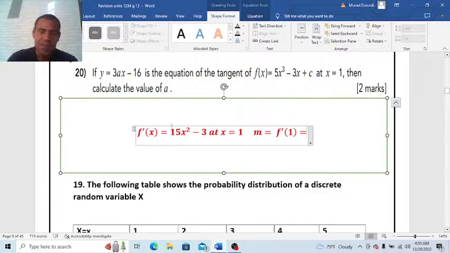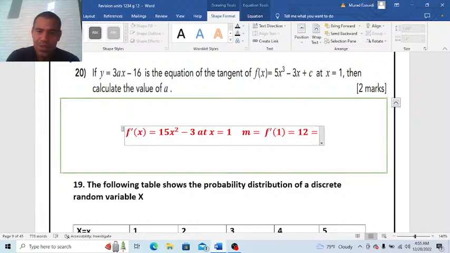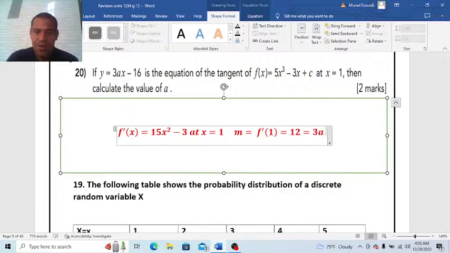Just substitution: 15 multiplied by 1 squared, 15 minus 3 is 12. And f dash of 1 equals 12, which equals 3 times a, equals 3a. Therefore, now you have a new equation, so you can divide by 3 to find a.